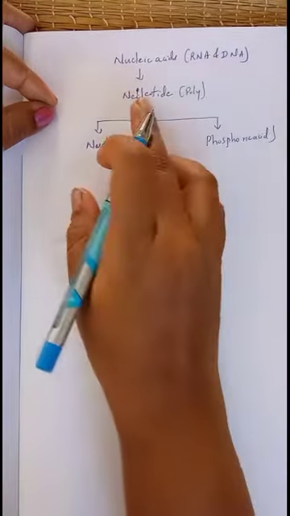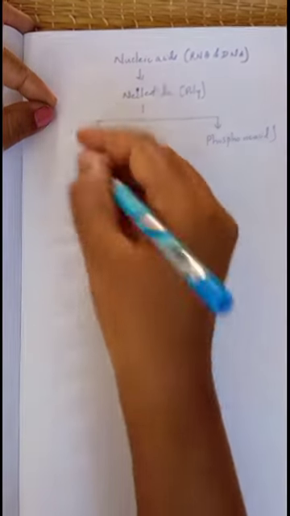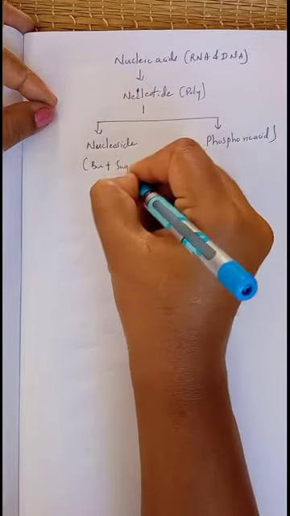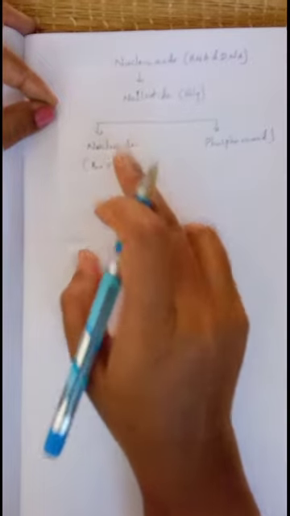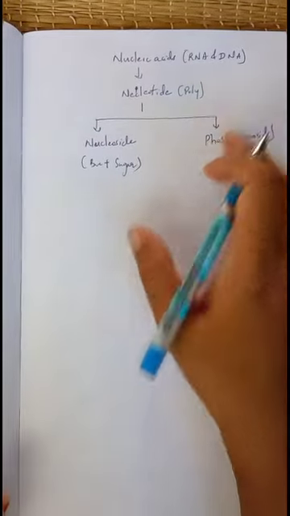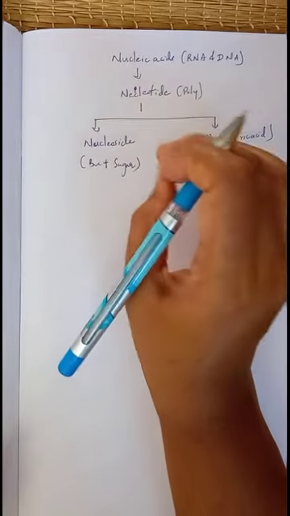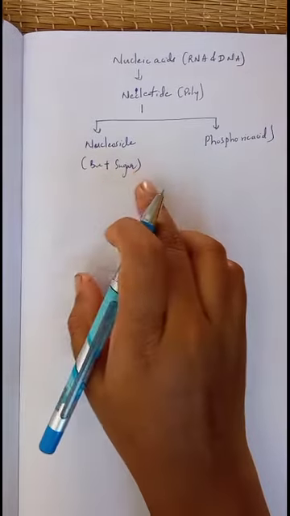Okay, so nucleotide contains nitrogen base, sugar moiety and phosphate. Nucleoside contains base and sugar. When base and sugar are present, that is called nucleoside. When nucleoside is combined with phosphoric acid, it converts into nucleotide. That means nucleotide contains base, sugar and phosphoric acid, whereas nucleoside contains only base and sugar.